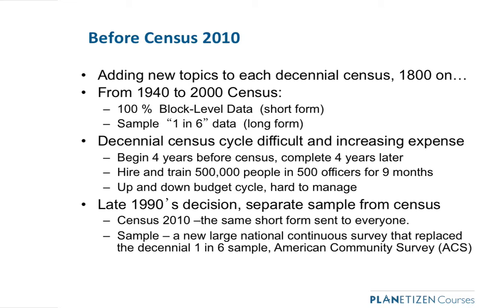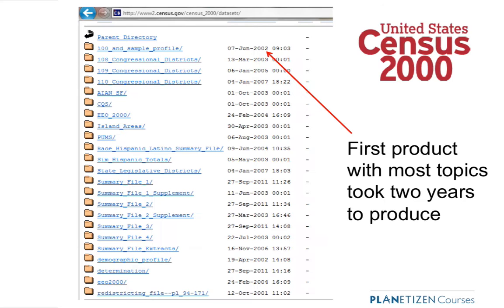But I just wanted to give some background and note to most of you who might still remember, ACS is replacing the sample data. For example, here if you look at from Census 2000, the first products took almost 2 years to produce. And up there you can see the 100% and sample profiles came out in June of 2002. That's more than 2 years after the census, which was April of 2000.